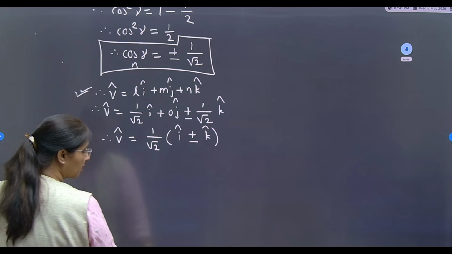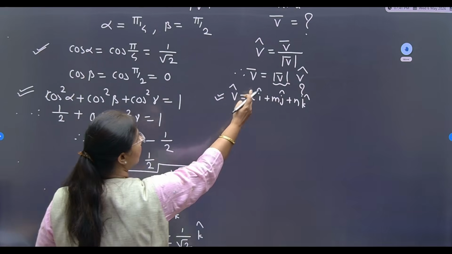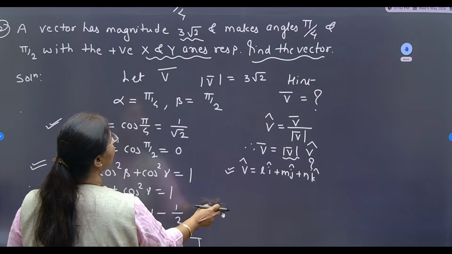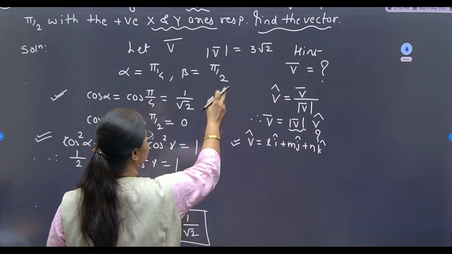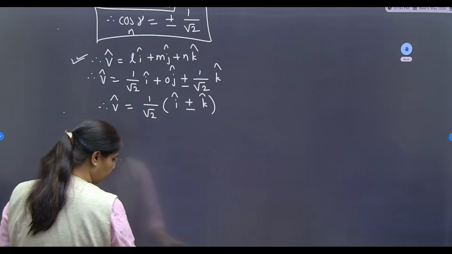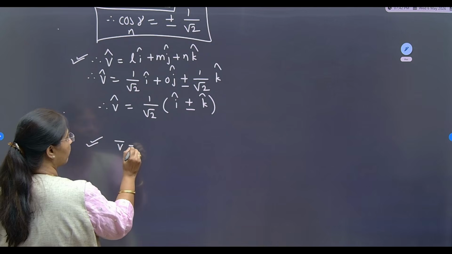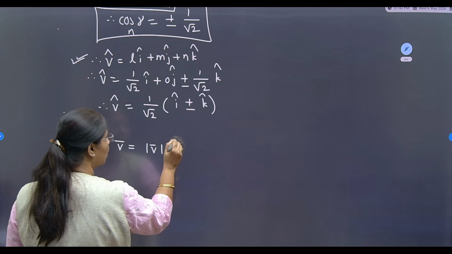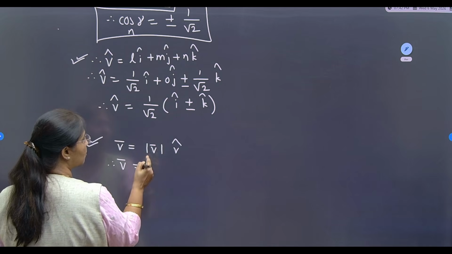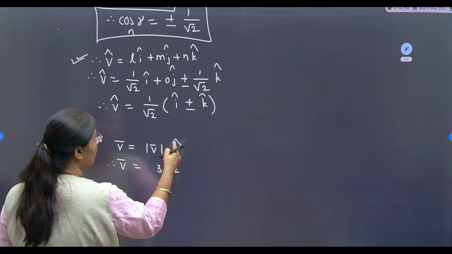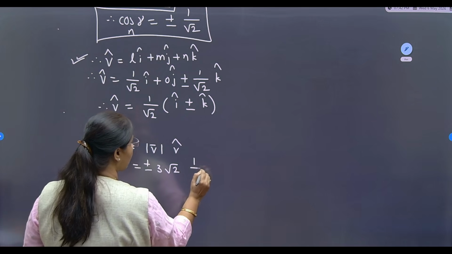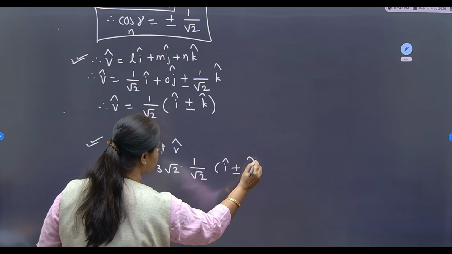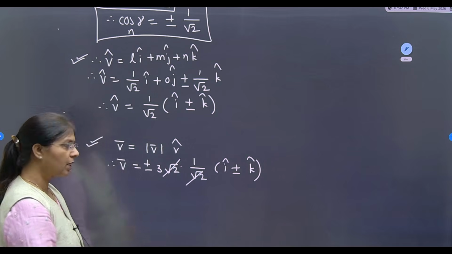Then question, find V bar is equal to magnitude of V bar into V cap. The magnitude is 3 root 2. Using its magnitude, therefore the required vector V bar is equal to magnitude of V bar into V cap. Therefore V bar is equal to 3 root 2 into 1 upon root 2 in bracket i cap plus or minus k cap, then root 2 upon root 2 cancel.